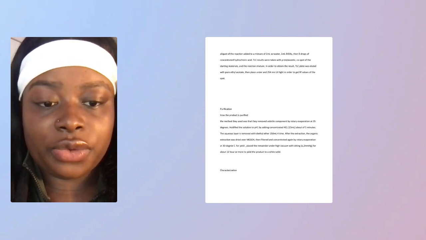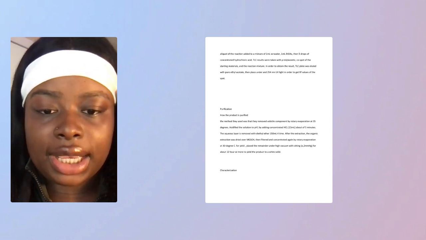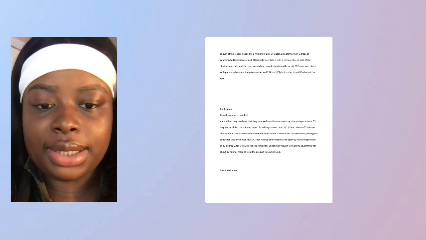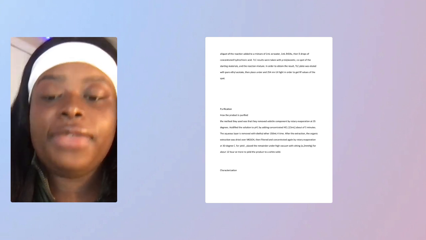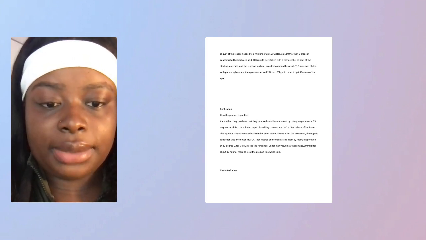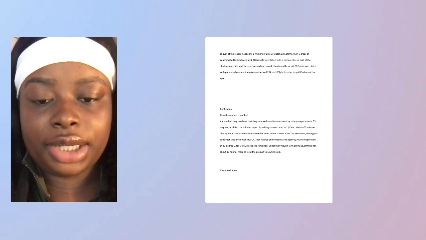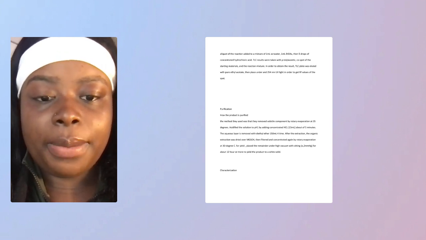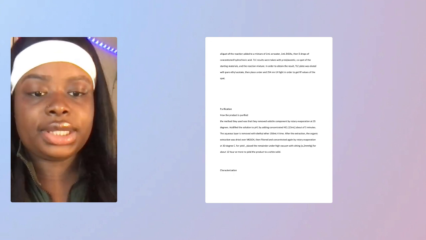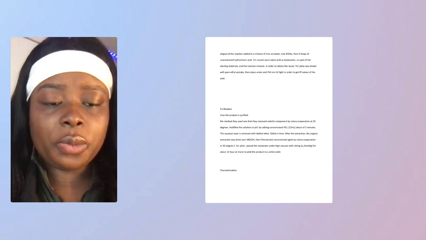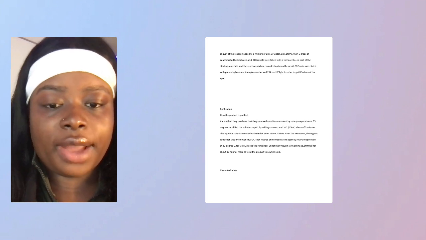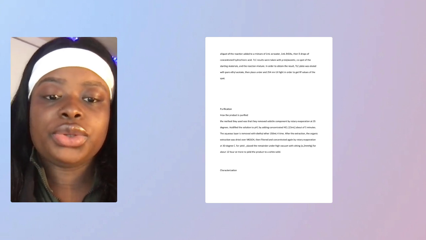After the extraction, the organic extract was dried over MgSO4, then filtered and concentrated again by rotary evaporation at 30 degrees for yield. Place the remainder under high vacuum at 0.2 mmHg for about 12 hours or more to yield the product as a white solid.